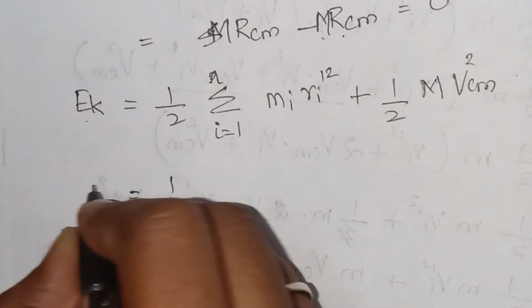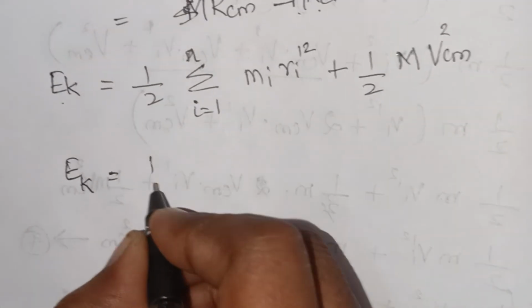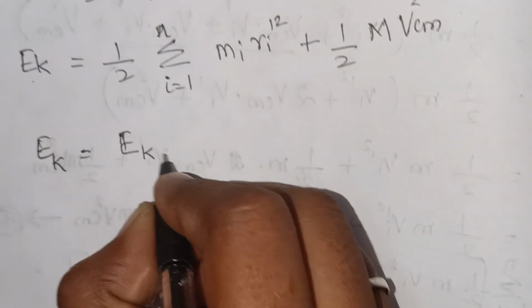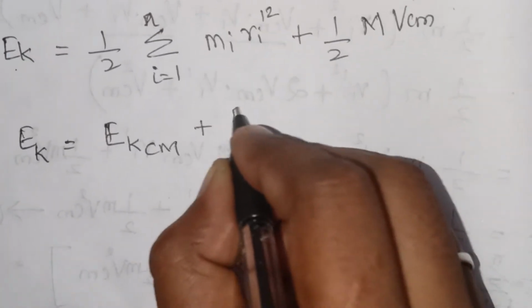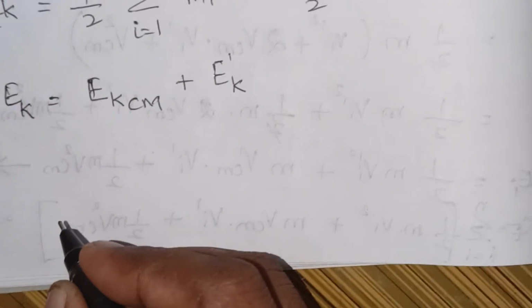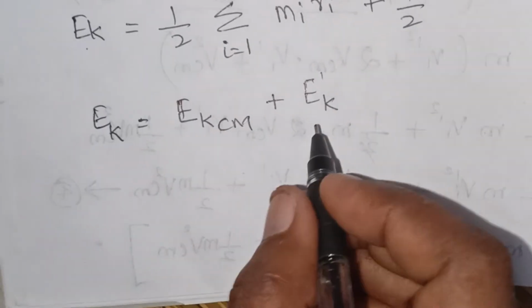So the kinetic energy of the whole system with n number of particles is equal to the kinetic energy of the center of mass plus the kinetic energy of the particles. It depends on two terms.